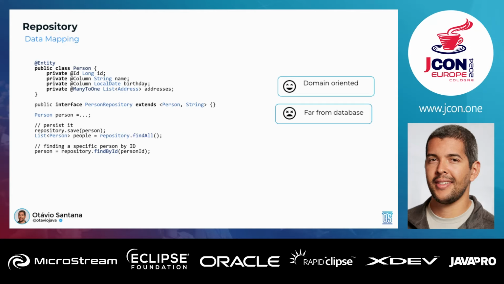I'm doing repository save, and I have no idea what that means for me. I don't know if it's going to insert or update, because this repository takes everything on its side like magic, right? Sorry, I'm far from the database, and I'm super domain centric.